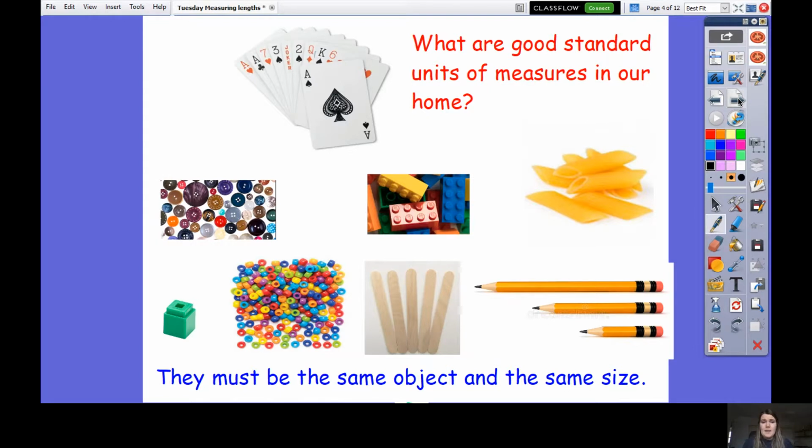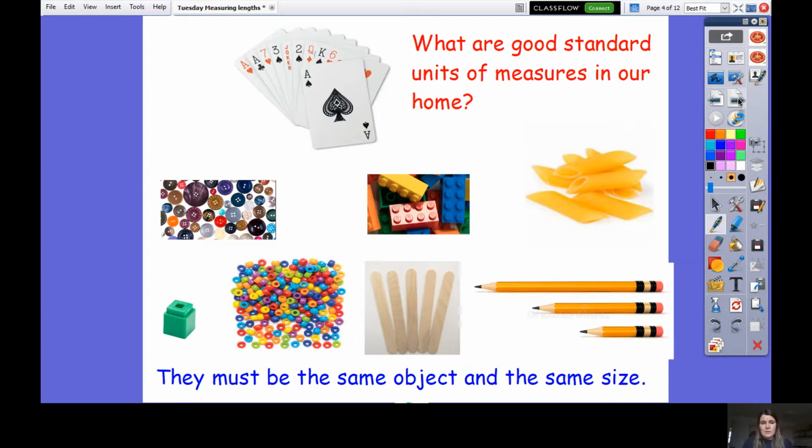Can you see there? However, pasta is always the same size. When you have some pasta, it is always the same size. So this would be a good example of something that you could use in your house to help you measure today. The same as cubes.